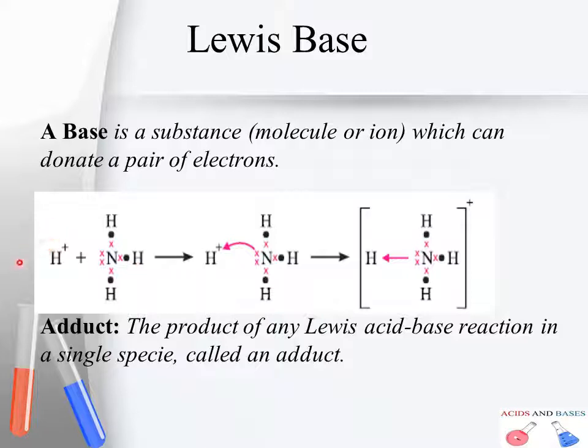So here H positive is acting as an acid and ammonia is acting as a base. The sign of the arrow and the arrowhead shows that H positive is accepting and ammonia is giving. So as ammonia is giving, it will act as a base.